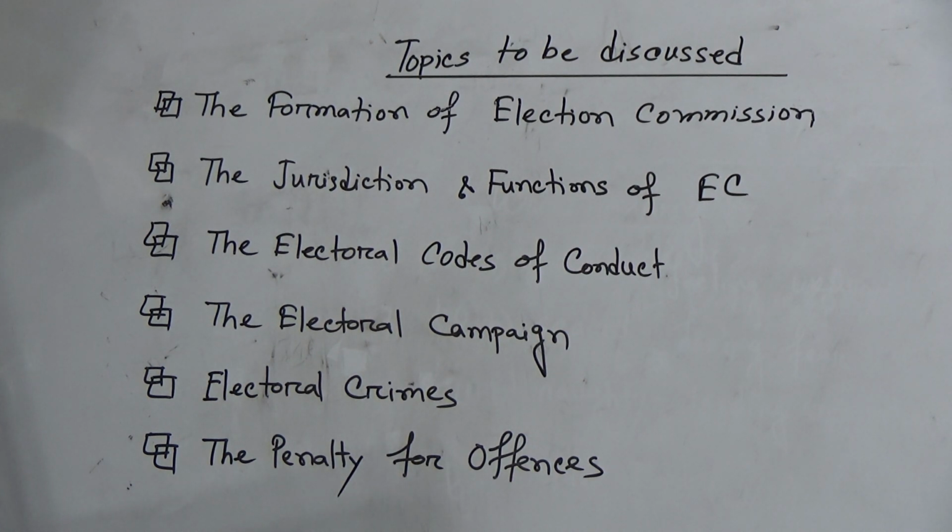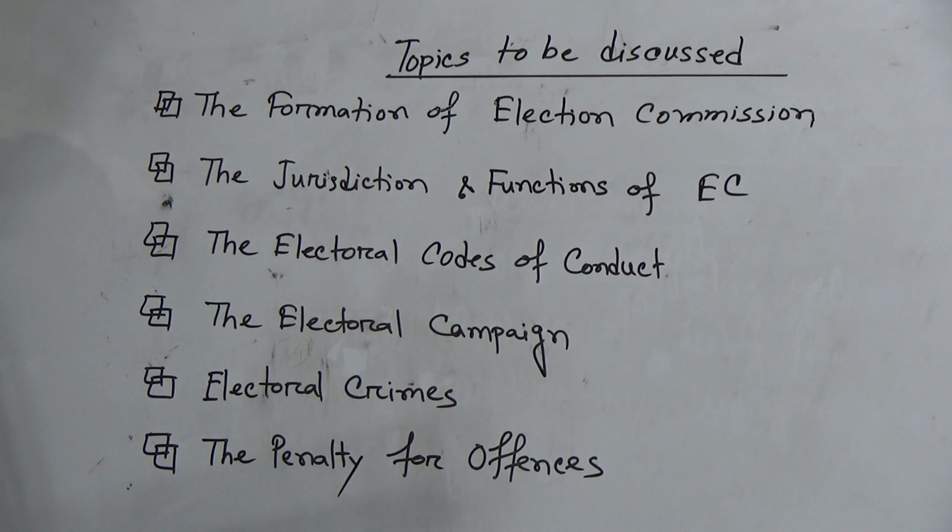Number 7, to make or publish a false statement on the withdrawal of candidature by any candidate. Number 8, to call upon or persuade any person to vote with distinction as to particular religion, community, race, caste, sect or tribe.